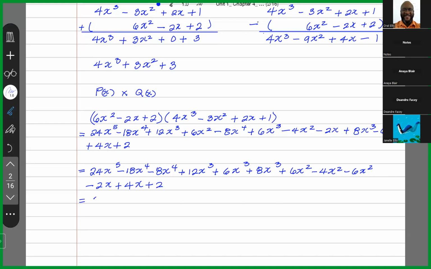Let's simplify. We have 24x to the fifth. Minus 18 minus 8 is minus 26, so we have minus 26x to the fourth.